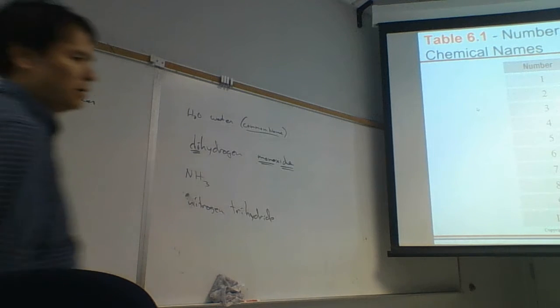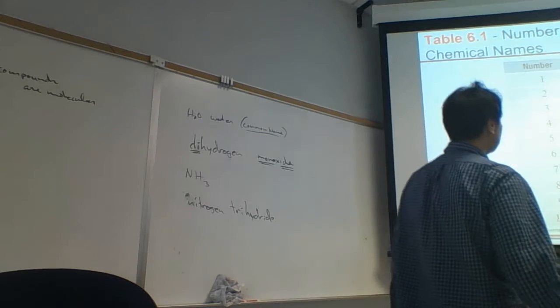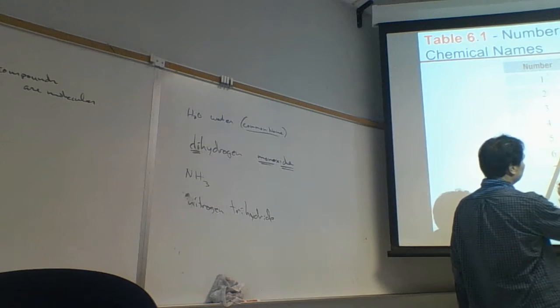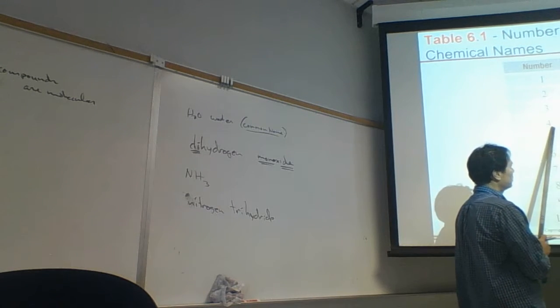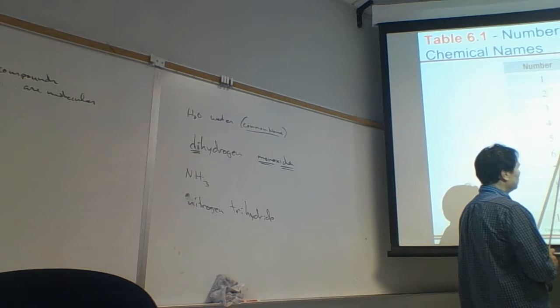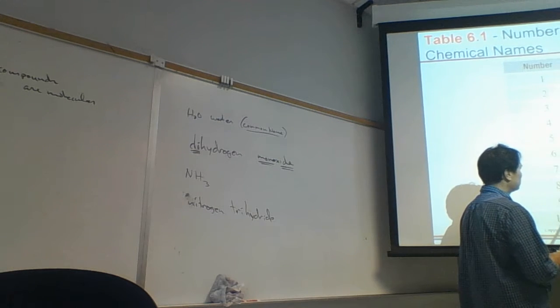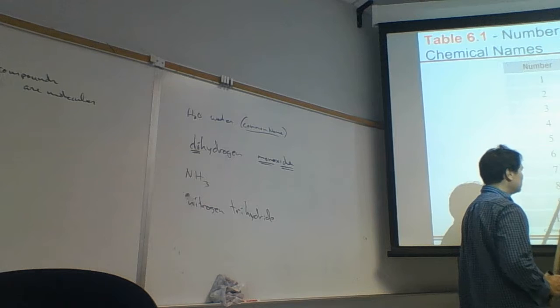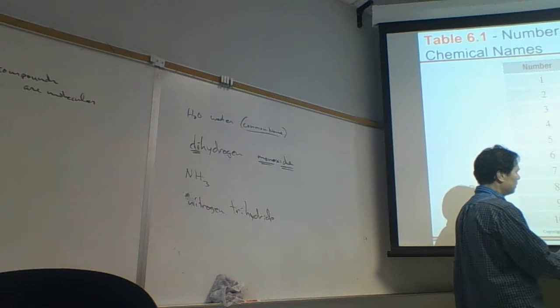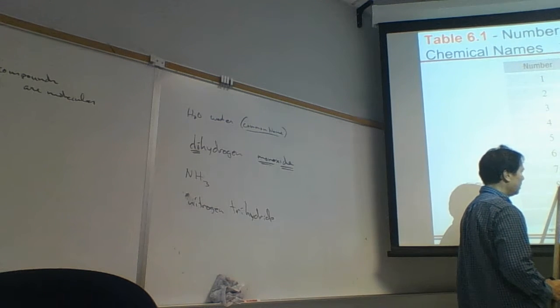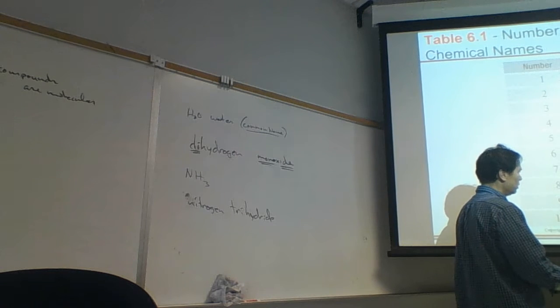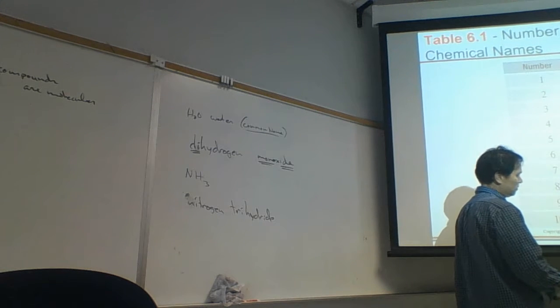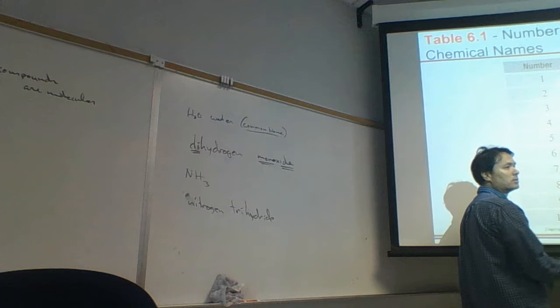But we have to learn some of these prefixes. The prefixes would be the number. Mono we know, di we know, tri we know. 4 is tetra, then 5 is penta, 6, 7. 7 is a little bit tricky for a lot of people. 8, and 9 is a little bit tricky: nona. 10 is pretty straightforward: deca. So you have to memorize these.